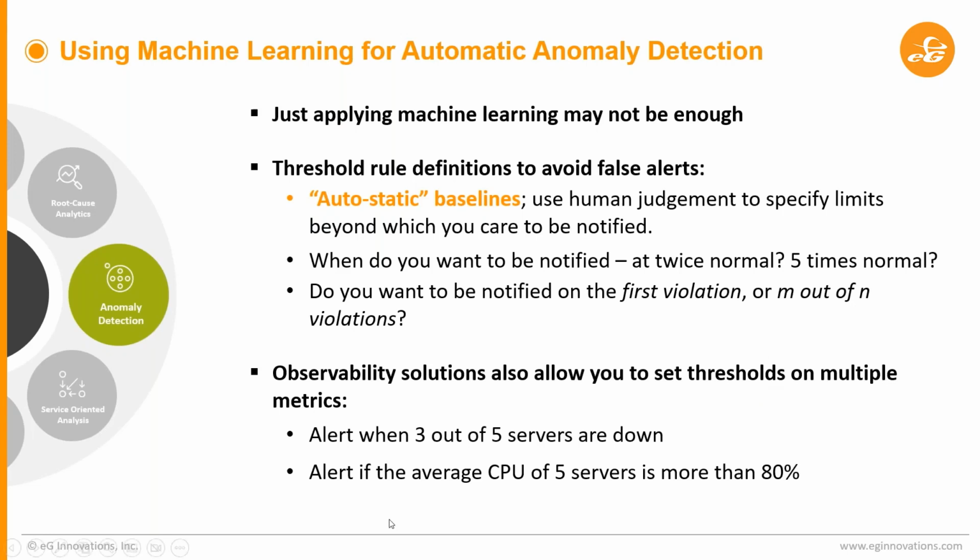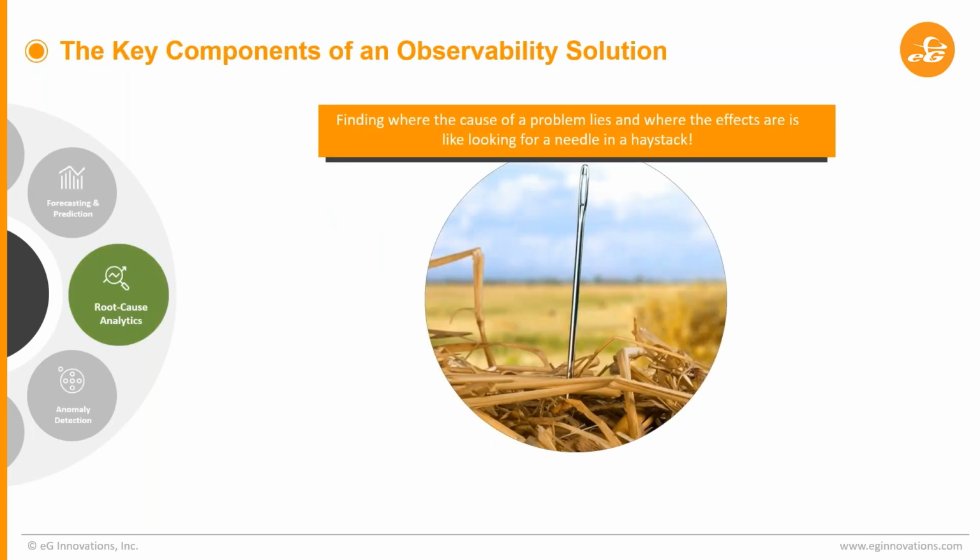So when 3 of your 5 servers are down in a cluster configuration, only then alert me to a problem, or alert me based on average CPU of a set of servers, not based on a single server. Those are some of the capabilities that a typical observability solution will provide for you. So we looked at metric collection, service-oriented analysis, anomaly detection. Let's move to root cause analysis. This is probably the most important part of any observability strategy.